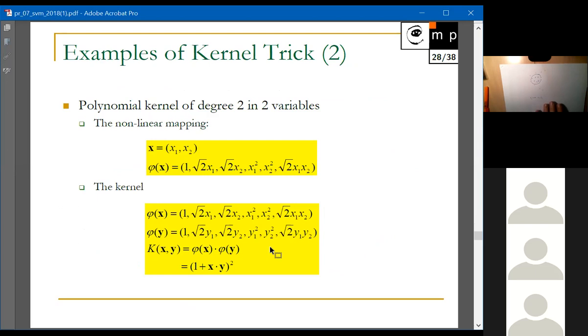Now, let's consider, so here we have 2 measurements, x1, x2, and you see the slide, but let's have a look at the general form of a quadratic function in 2 dimensions.